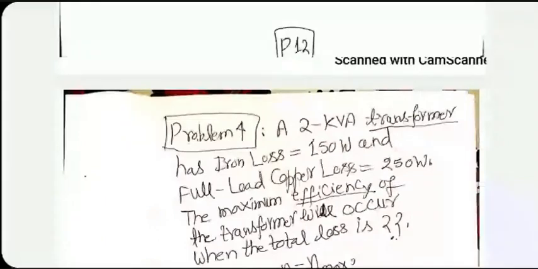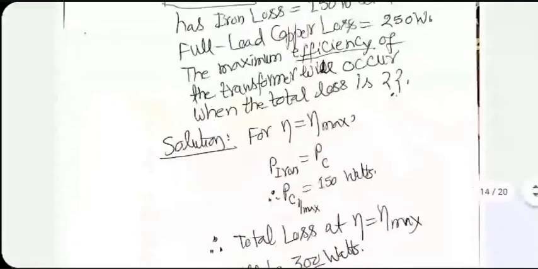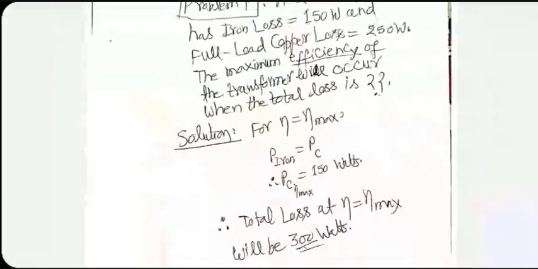Iron loss doesn't change, okay? It is copper loss that changes. So maximum efficiency will be obtained when copper loss becomes equal to iron loss, which means copper loss will be 150 watts at maximum efficiency. So the total loss will be 150 watt plus 150. Yeah, 300 watts is the total loss for maximum efficiency.